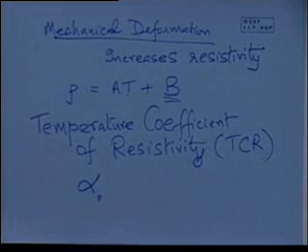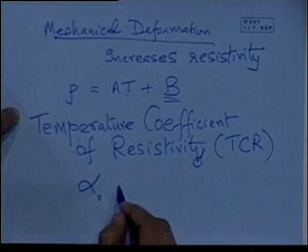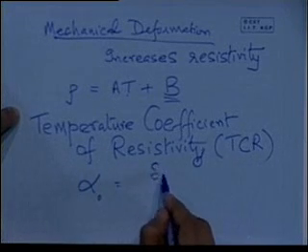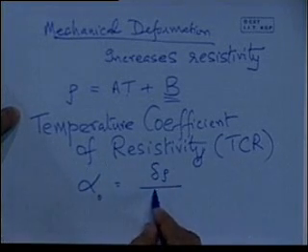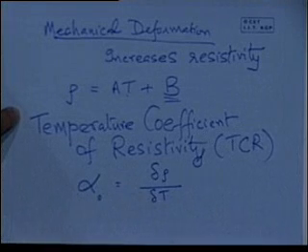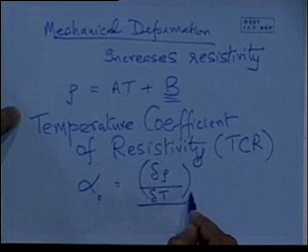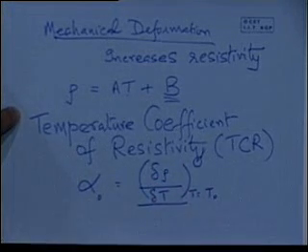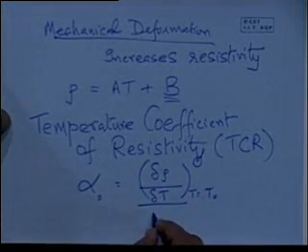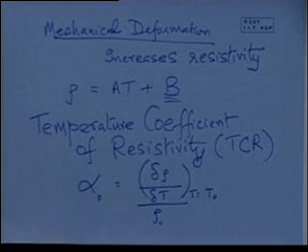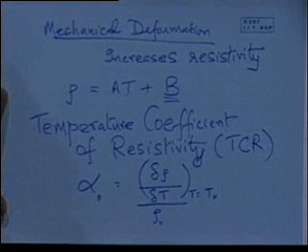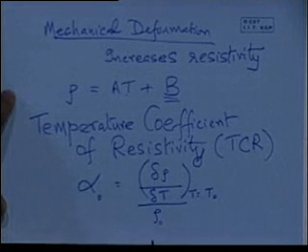We define alpha naught, which is the temperature coefficient of resistivity, as the change in resistivity per unit temperature change at a specified temperature T naught, divided by the original resistivity. Okay, the fractional change in resistivity with respect to a reference temperature T naught.